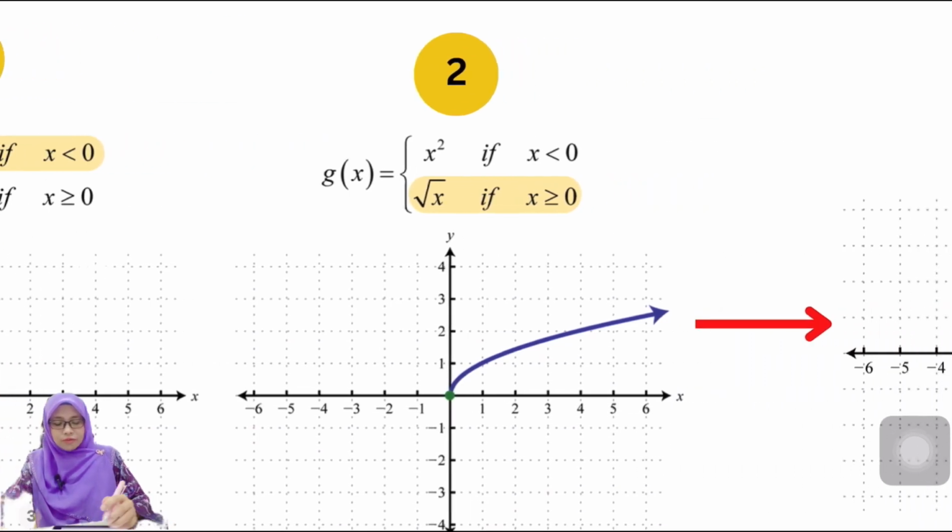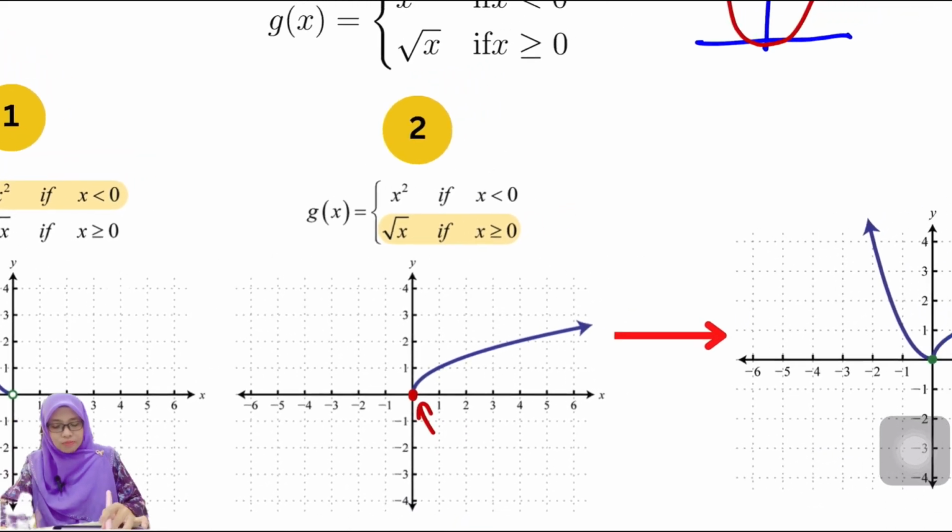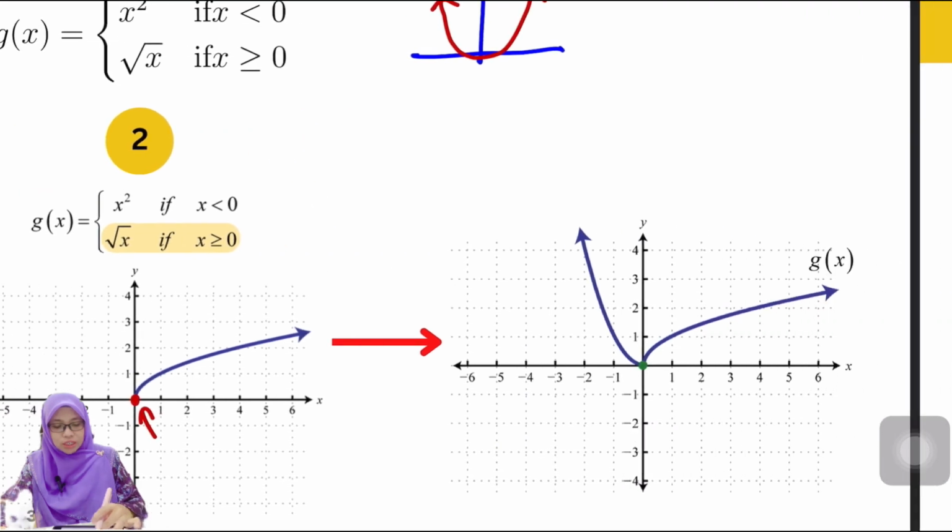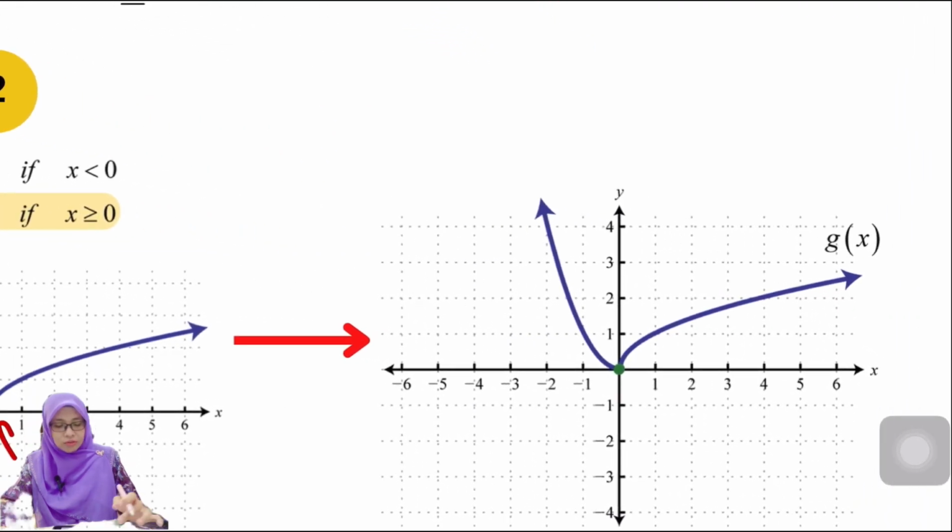Then the next one, the second equation, which is the square root of x. We need to sketch the graph for the domain x greater than or equal to 0. For this case, this is how the graph looks like, and at the value 0 it should be a dot. When you combine the first and the second equation, this is how the graph looks like.